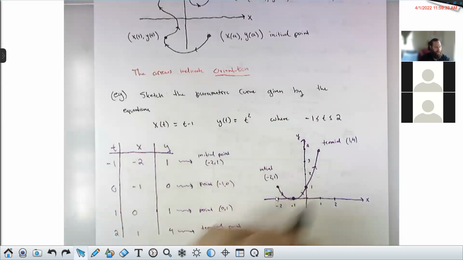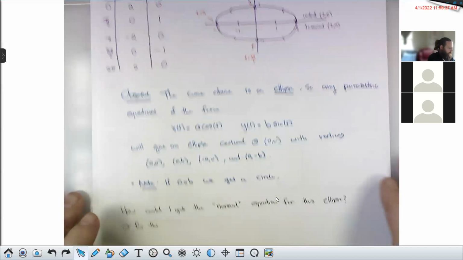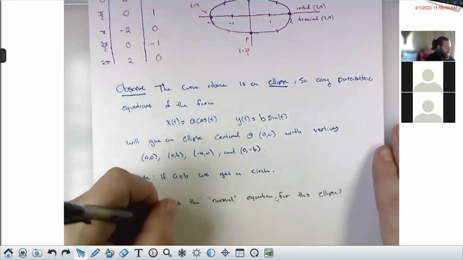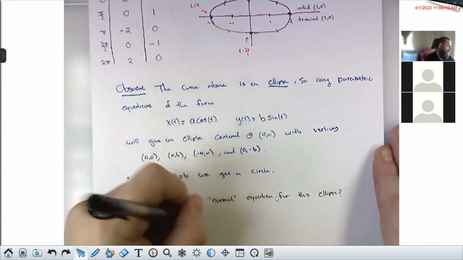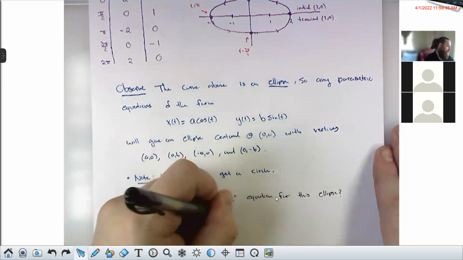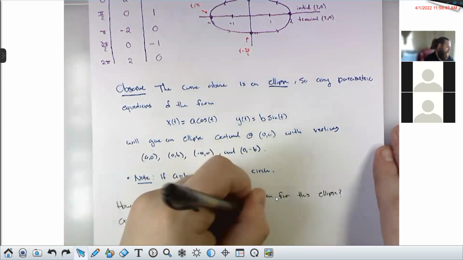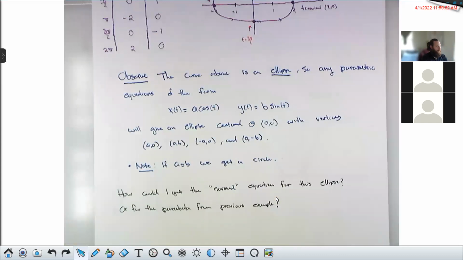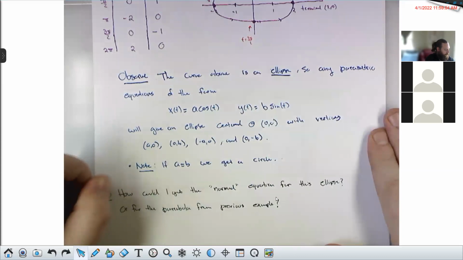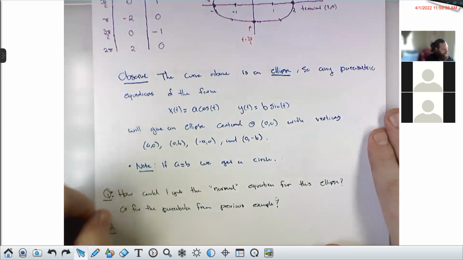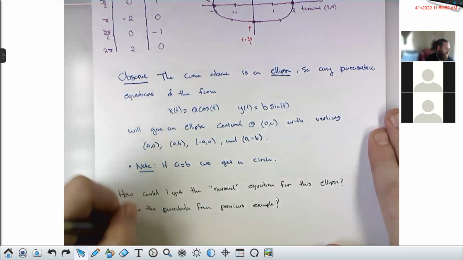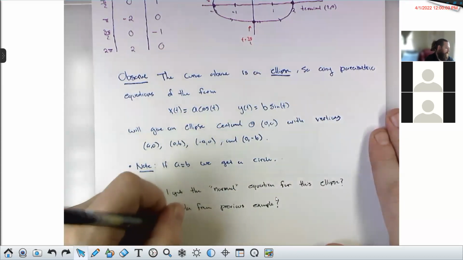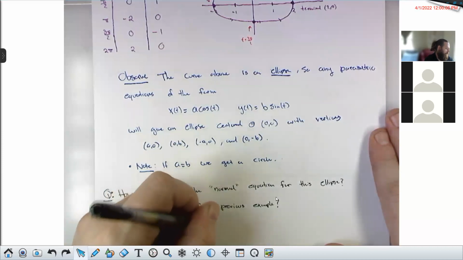It's not the whole parabola, it's part of the parabola. Or for the parabola from the previous example. And the answer is something called eliminating the parameter.